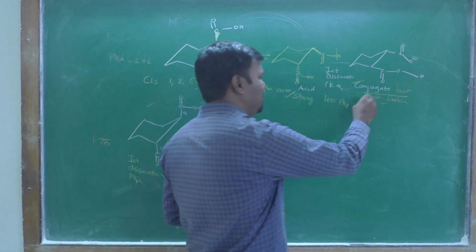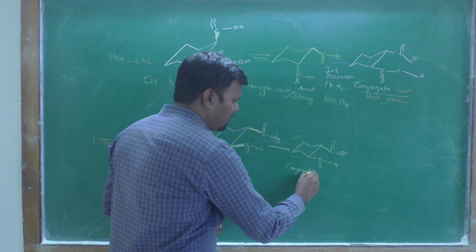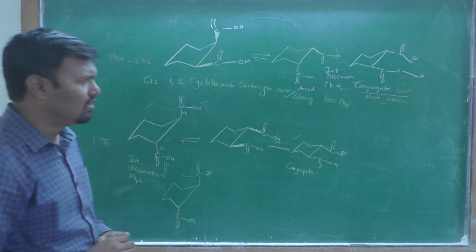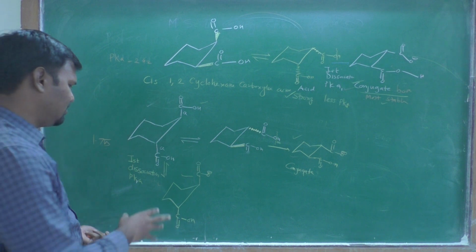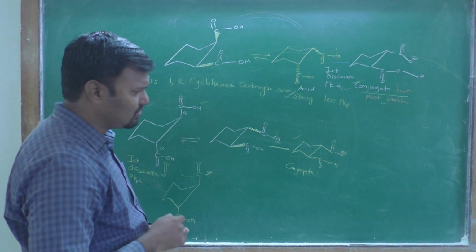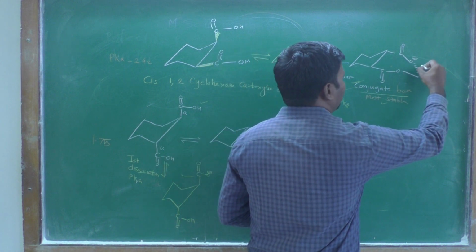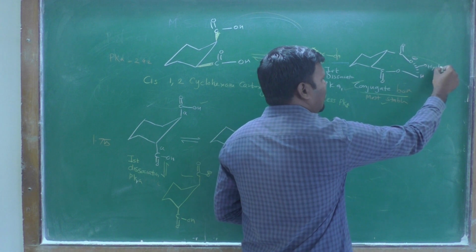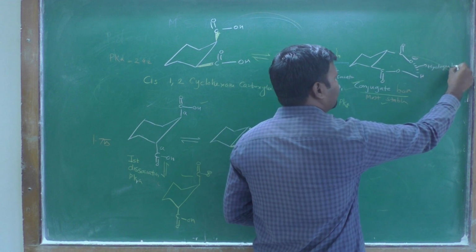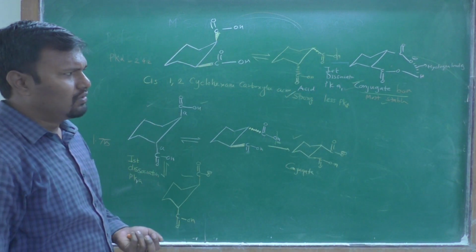Why is the trans conjugate base more stable than the cis conjugate base? Because of hydrogen bonding. In the cis case, it forms a hydrogen bond.